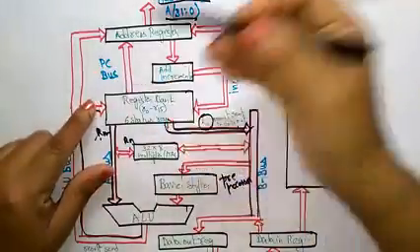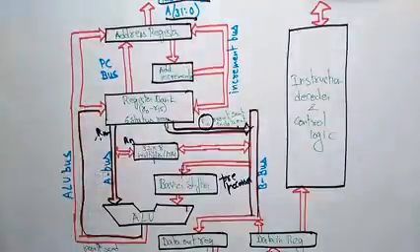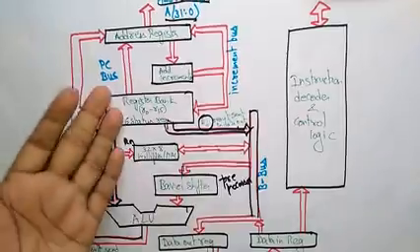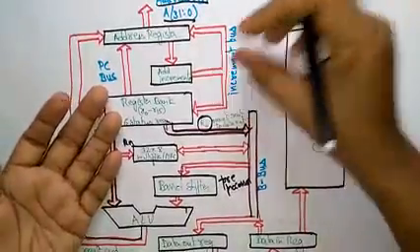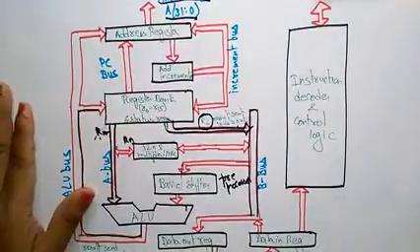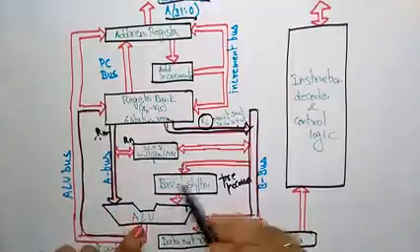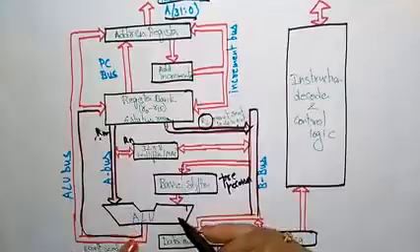And the program counter, as we already know, always fetches the next instruction to be executed. So where to fetch the next instruction to be executed will be on the PC bus, and the address will be incremented for every instruction. Basically, the ALU and the barrel shifter are combinational circuits. We call both of these combinational circuits.